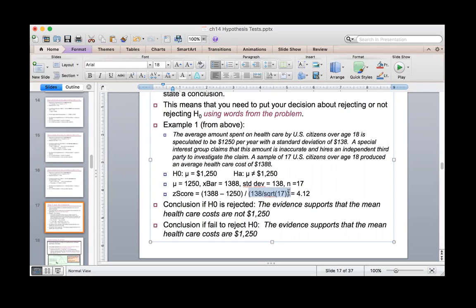All right, now you're going to have to fight through this one. So look at your z-score of 3.4. So if z is 3.4, the area to the left is .9997, almost 1.